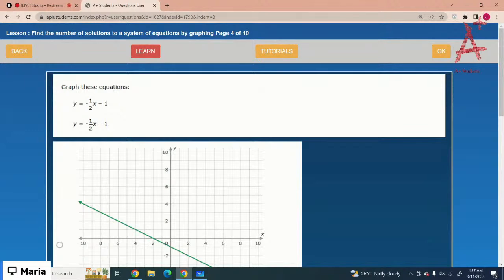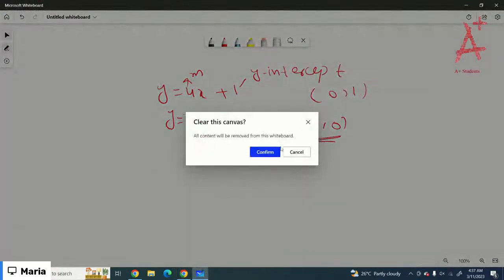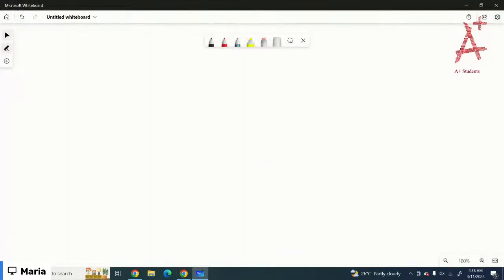Okay, the next one is y equals negative 1 over 2x minus 1, and the second one is y equals negative 1 over 2x minus 1.